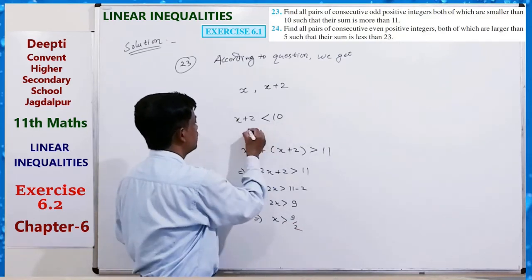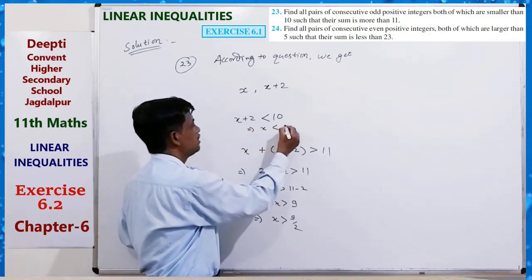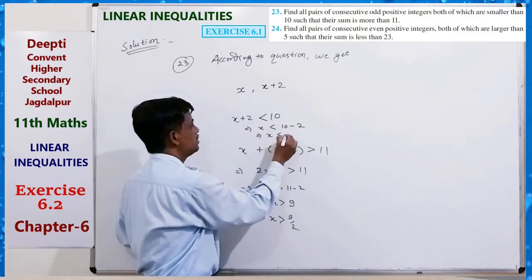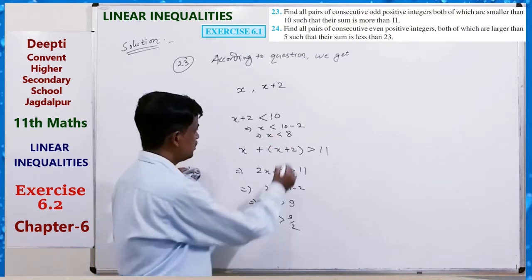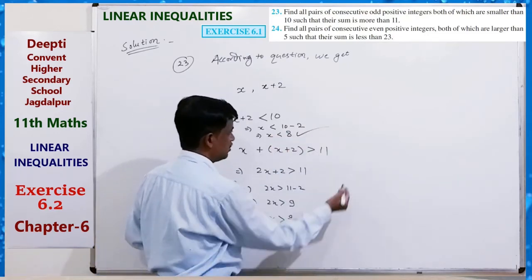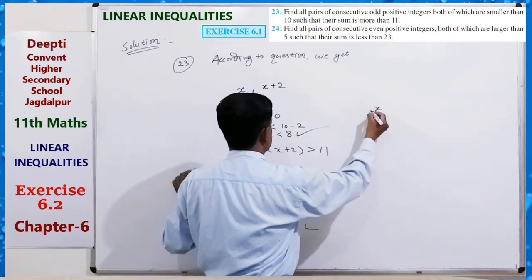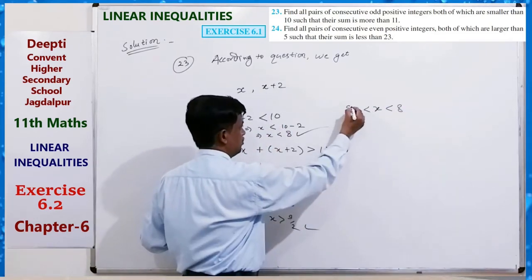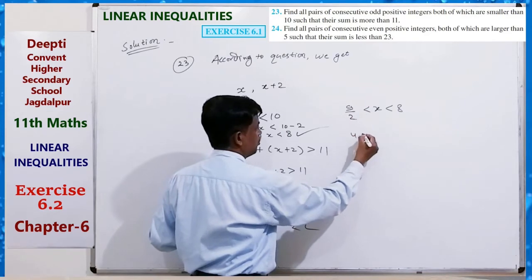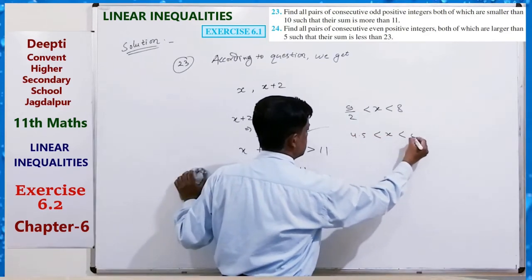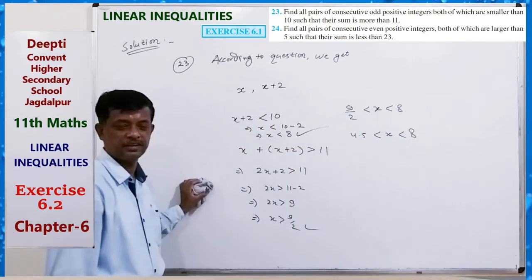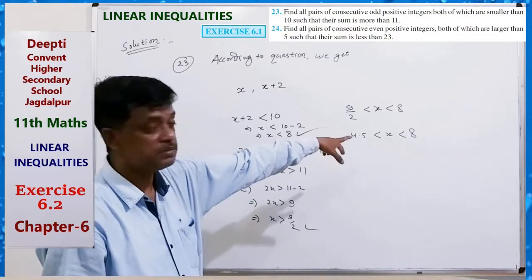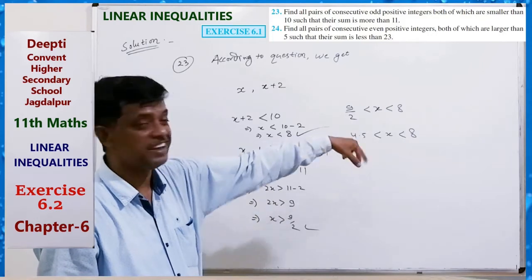And x is less than 10 minus 2, so x is less than 8. So we get these two: x less than 8 and x greater than 9 by 2, meaning 4.5 is less than x is less than 8. So the odd positive number x lies between 4.5 and 8.